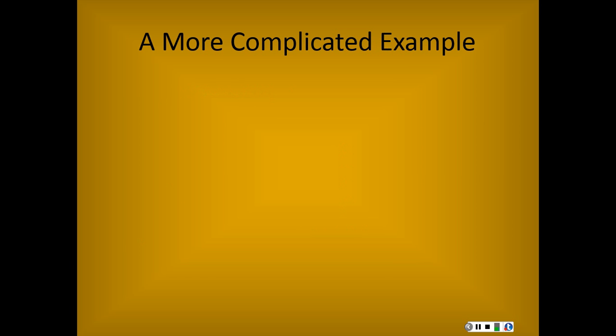Let's look at a slightly more complicated example. So consider the sequent P or Q, therefore Q or P. Okay, we start out by writing down our premise. We have this disjunction. That's the only thing we have to work with here. So here is a strategy for using disjunctions in a proof.